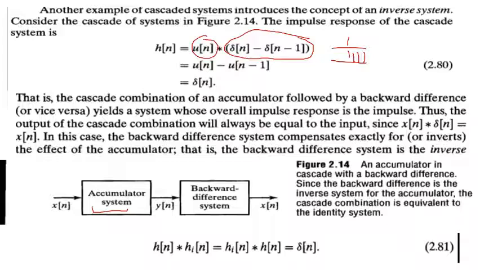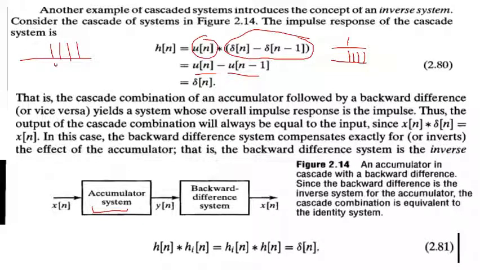It means that this impulse will multiply with this one, then we shift this, multiply with this one, so it will become u of n. Okay, and what if I convolve u of n with delta of n minus 1? It means that according to the property, this signal will become delayed. So we are subtracting u of n minus 1 from u of n.